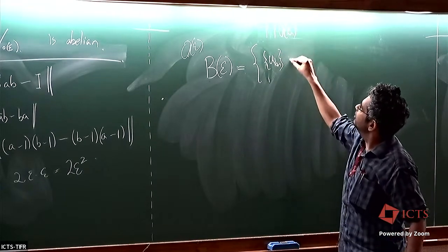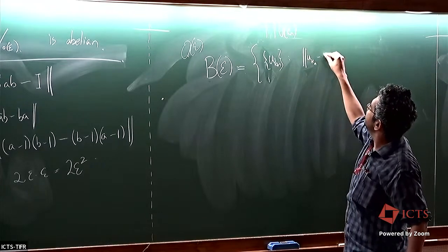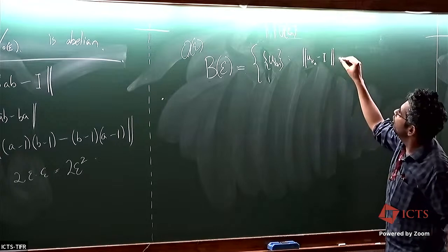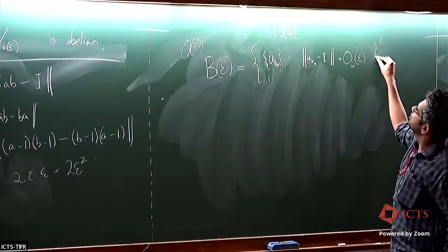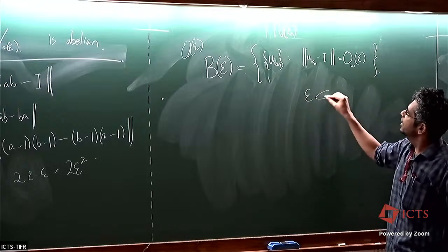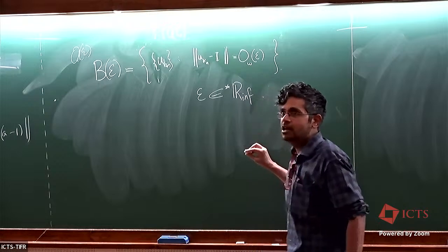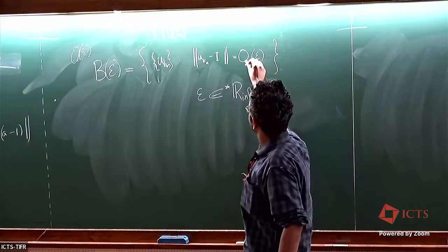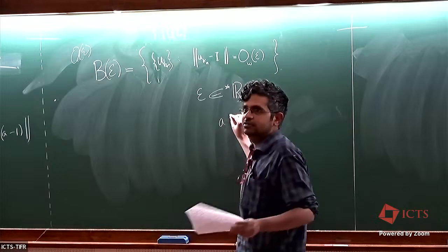These sequences such that the norm of U_kn minus identity is O of epsilon. Here epsilon is actually an infinitesimal, right? So what you mean by small order of O of epsilon is that, so this is okay, right?